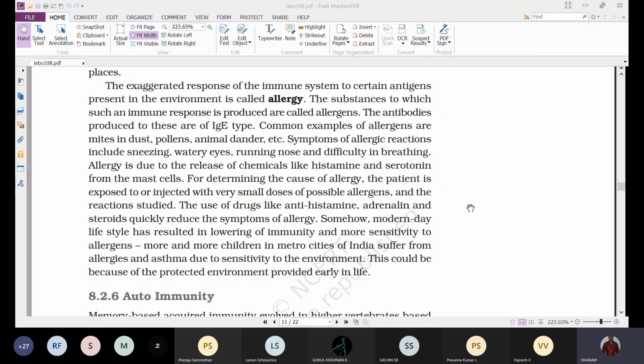Then only can they get exposed to different environmental conditions, so that they can develop immunity and less sensitivity to different substances, because they are continuously exposed to different environmental conditions. So they develop certain immunity, and they themselves can protect against certain disease causing organisms.